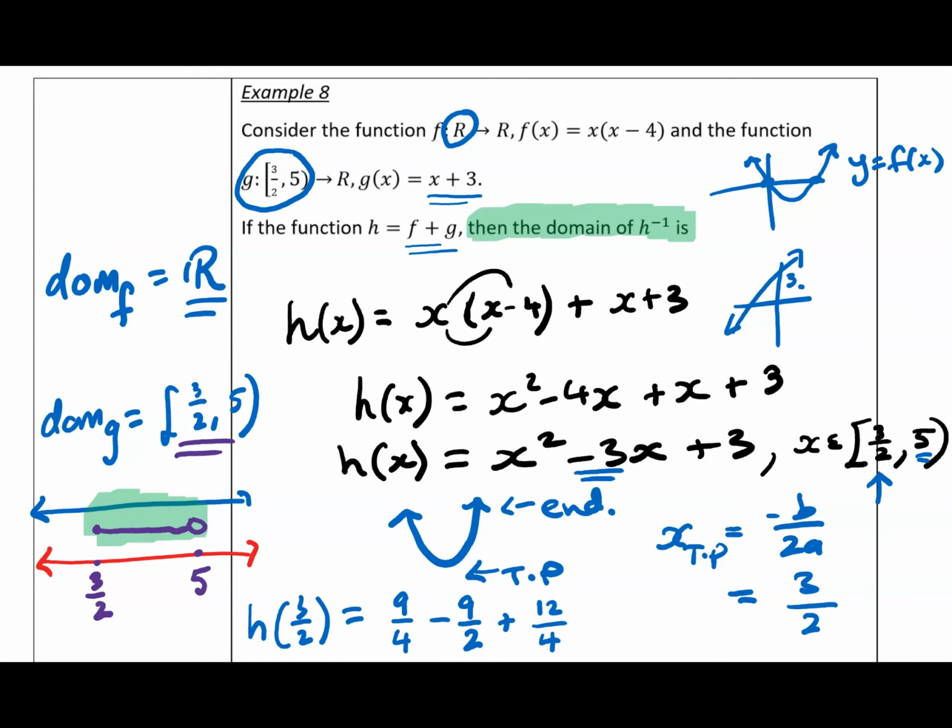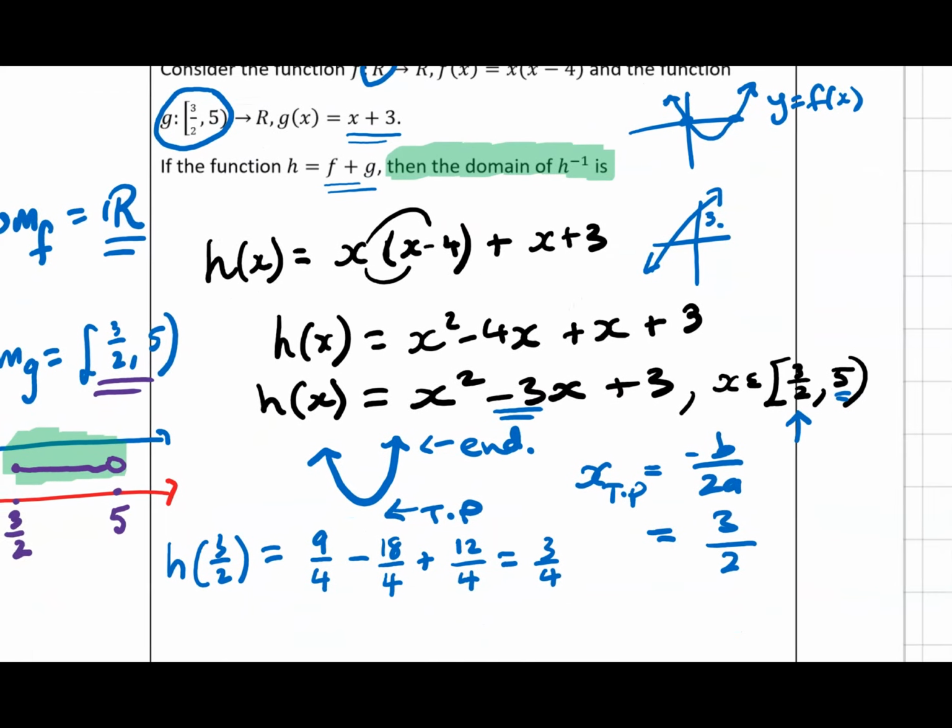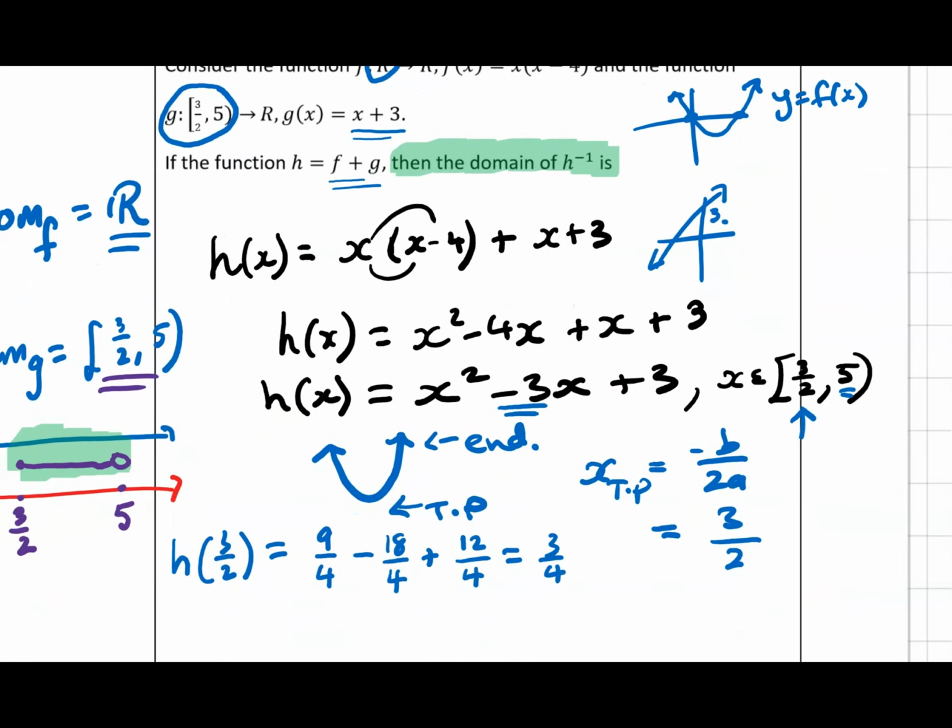And 9/2 I might write as 18/4. And so 9 plus 12, so that's going to give me 21, minus 18, it's going to leave me with 3/4. So I'm going to move the screen over a little bit to give me just a tad more room.